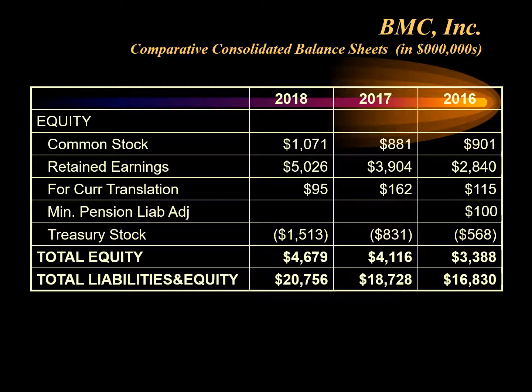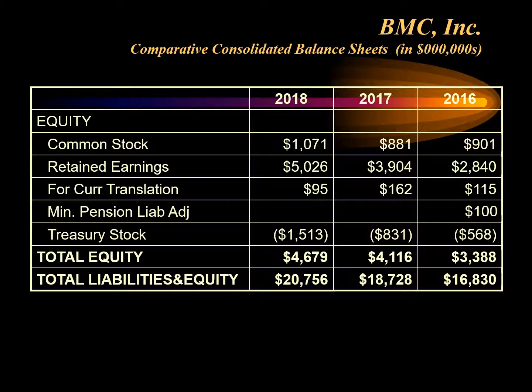Retained earnings, the second account there, is the amount of money that the company has retained from their net income since the inception of the company. So keep in mind, when a company generates net income or net profit, they can only do two things with that. They can either pay it out in the form of dividends, or they can retain it and reinvest that money back into the firm. What most companies do is a little of both.